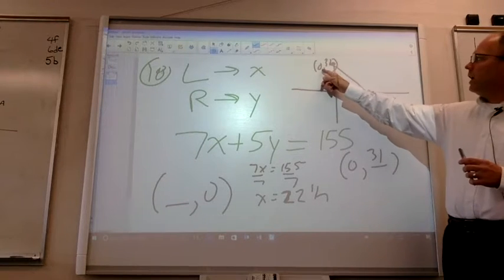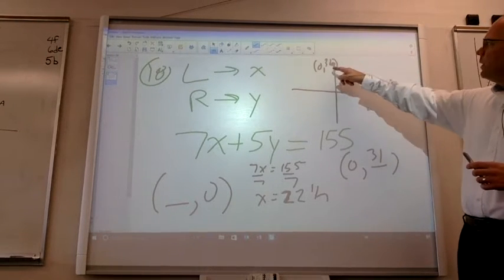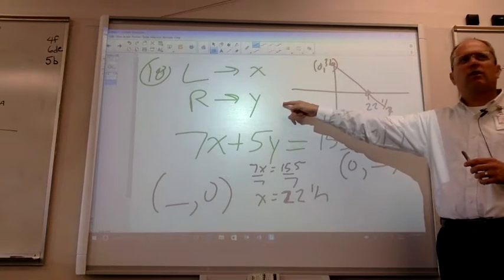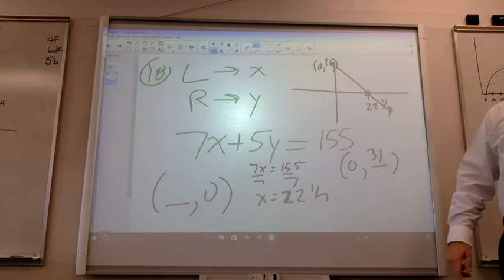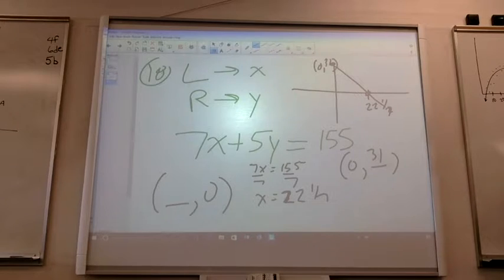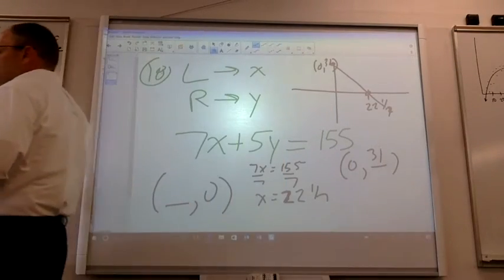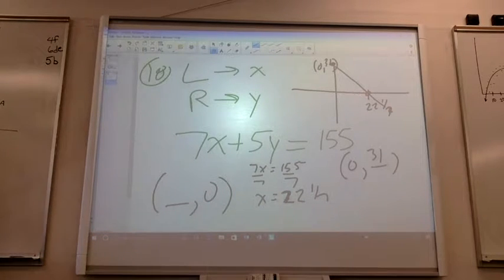If I ordered right here, what did that come out to? Is that 31? That means I could order 31 regular pizzas, and that would cost me $155. So that just gives you the combination of the two. And again, it's just what does the intersection of the x and the y axis mean in the context of the problem.